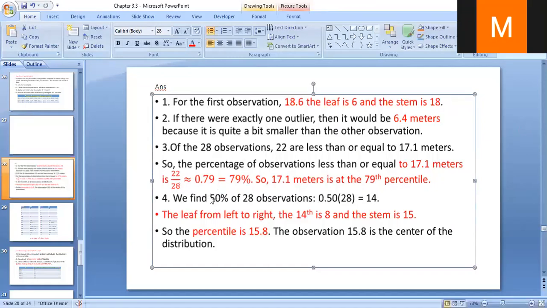And find the 50th percentile. You got 50%, you multiply 28 with 0.5, and you count from the left to right, you get 14. That is the observation 15.8, the center of the distribution.